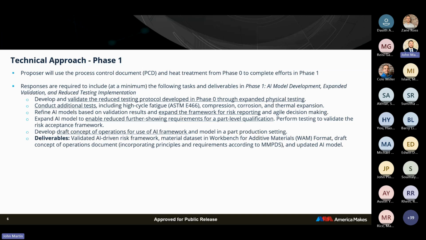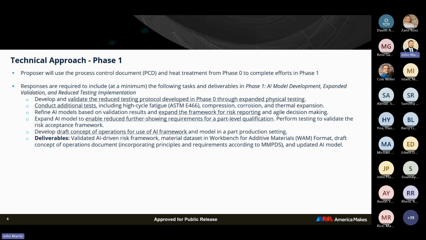But then there's also MMPDS, which is a popular handbook that contains material allowables, especially for aerospace. And they have the CD basis, which is higher level. You get into higher confidence, but that's where you get into a lot of samples and testing and different lots and printers and a lot of stuff involved.